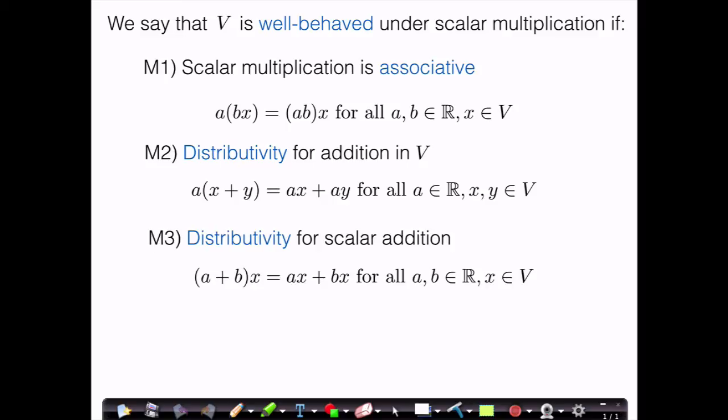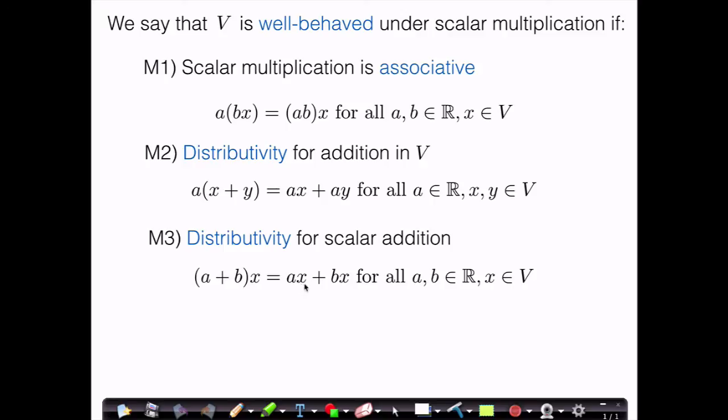The third condition is distributivity for scalar addition. So that means that if we first take a plus b, just the sum of these two real numbers, and multiply that by x, that should be the same as if we take a times x and b times x.